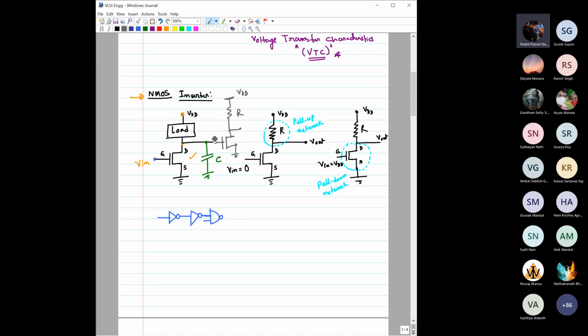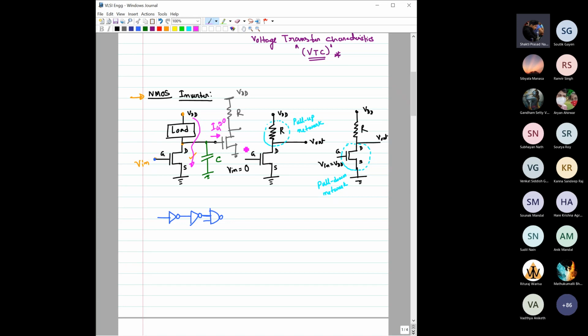Now, one more question: what is the current that is flowing through this gate? As you know, the gate current of any MOSFET is ideally close to zero. So whatever current is flowing from VDD has to flow only through this, except in the dynamic situation, meaning during charging or discharging time.